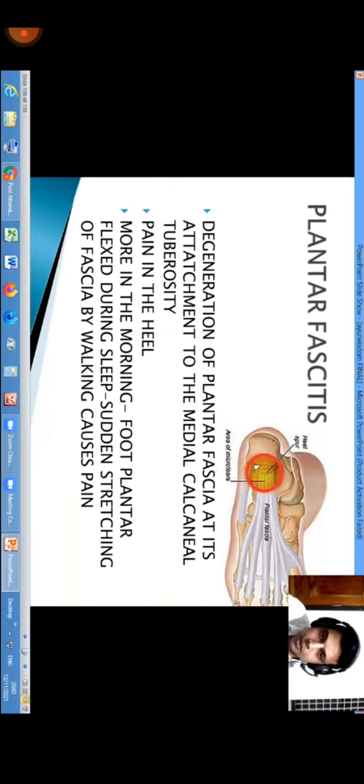The attachment to the medial calcaneal tuberosity is the common site of inflammation in plantar fasciitis. Pain in the heel is the clinical feature, more in the morning because the foot is plantar flexed during sleep. Sudden stretching of the fascia by walking or standing will cause pain.